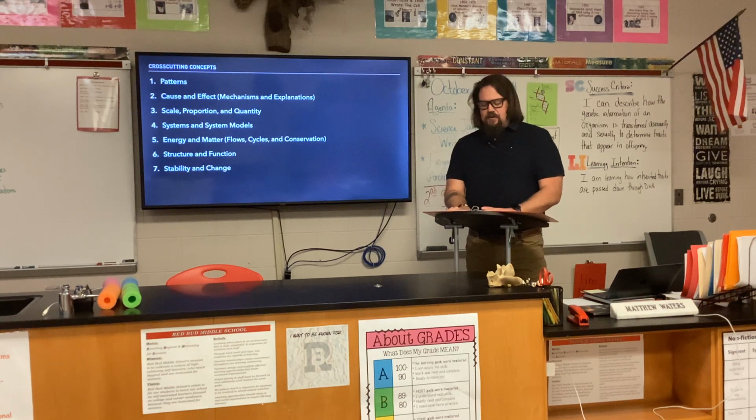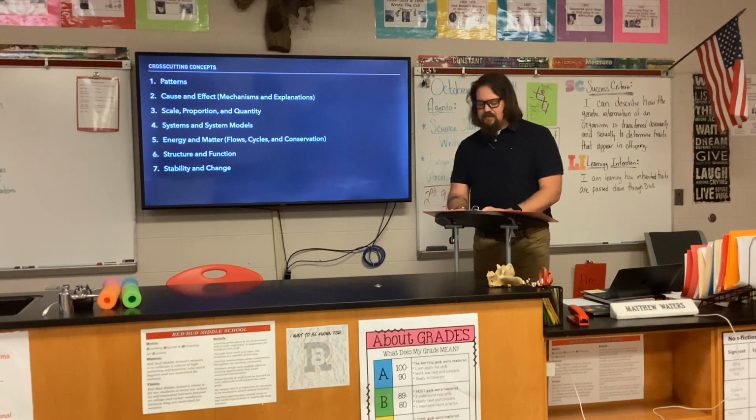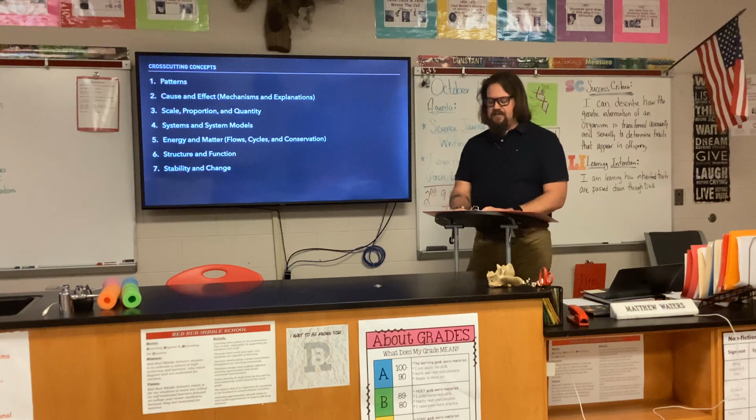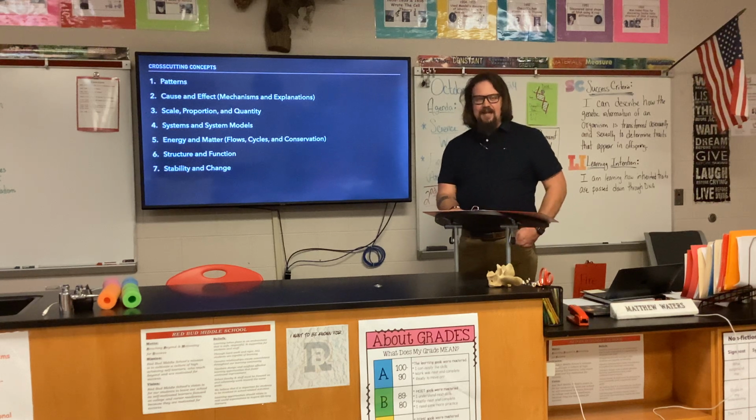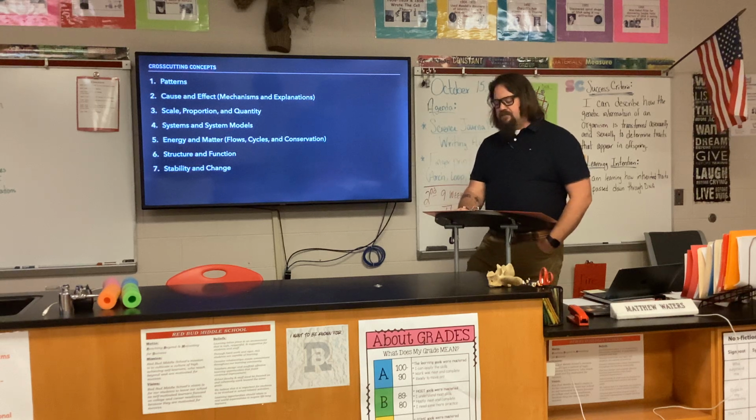Number 5 is energy and matter, flows, cycles, and conservation. Tracking fluxes of energy and matter into, out of, and within systems helps one understand the system's possibilities and its limitations. Number 6 is structure and function.